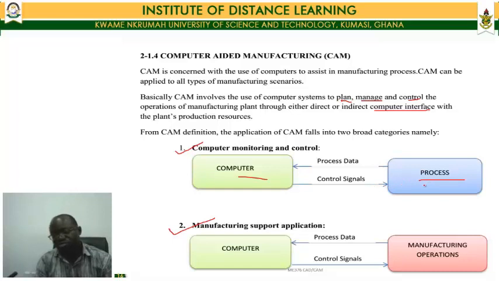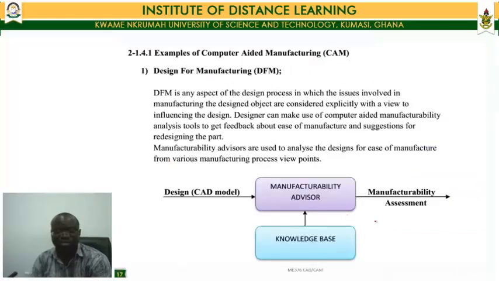When it comes to manufacturing support applications, it's the same computer that you are using to control manufacturing operations, and it also involves some data that you're processing, which is also registered by some control signals. So that is computer-aided manufacturing in two broad categories: computer monitoring and control, and then manufacturing support applications.